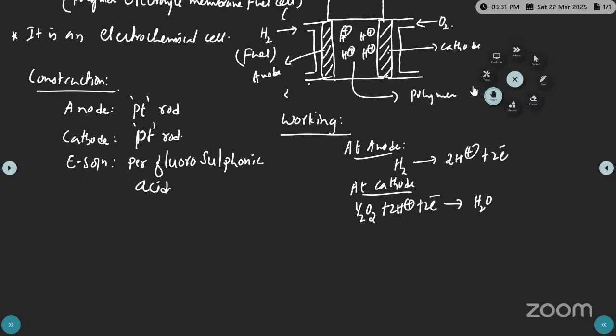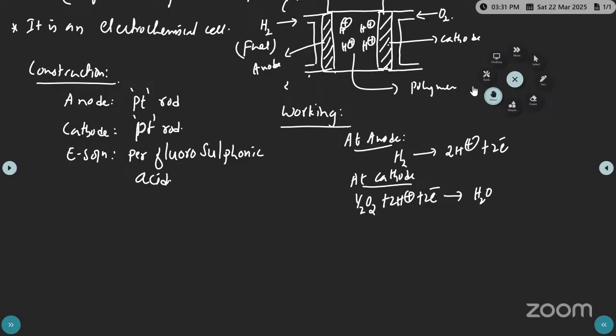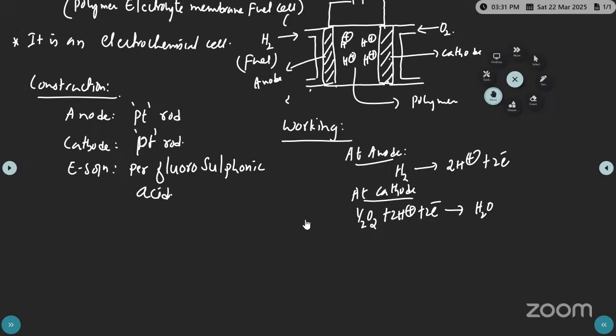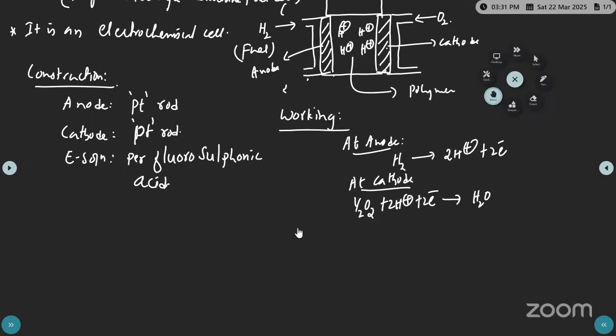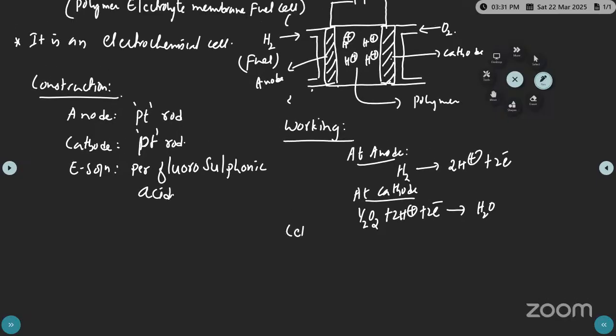And then the total reaction, that is the cell reaction. H2 gives rise to 2H plus and 2 electrons, and then half O2 plus 2H plus and 2 electrons gives rise to H2O.